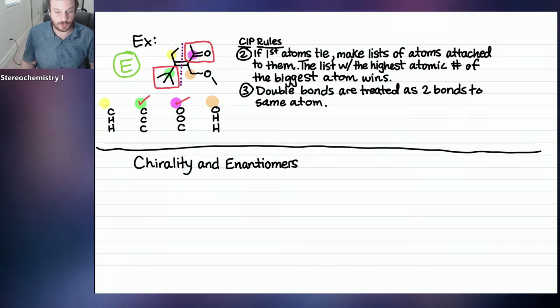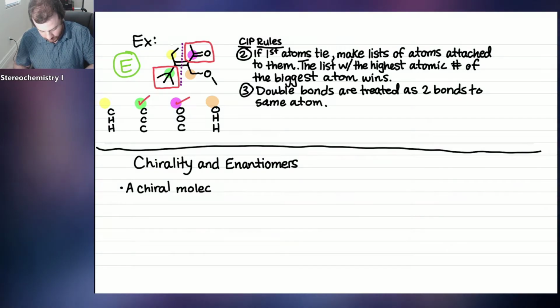Okay, so let's first talk about what is a chiral molecule. A chiral molecule is not superimposable on its mirror image. That's the definition of chiral. It means it's not superimposable on its mirror image.